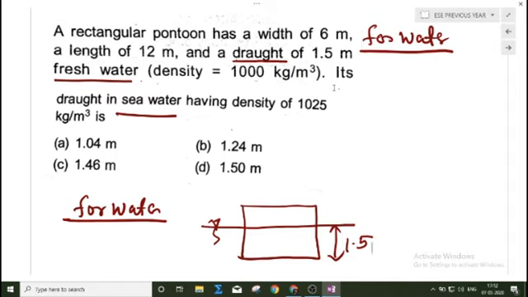What we have to find out? It's draught in sea water. You have to find out. So I think the specific gravity of the body is not given to us.